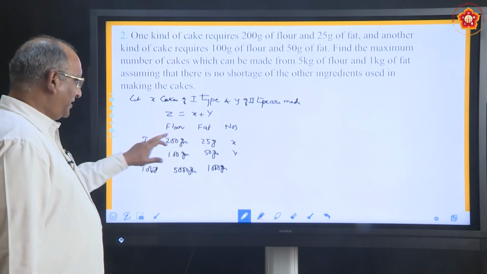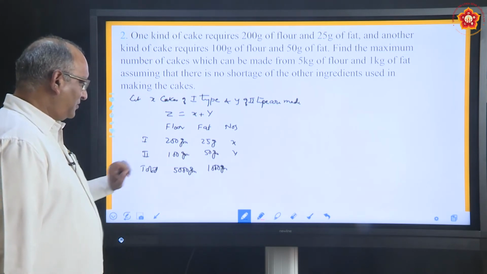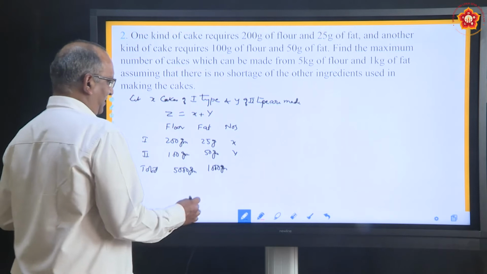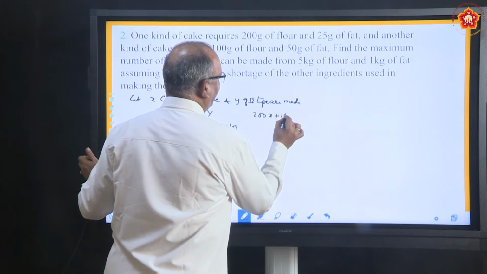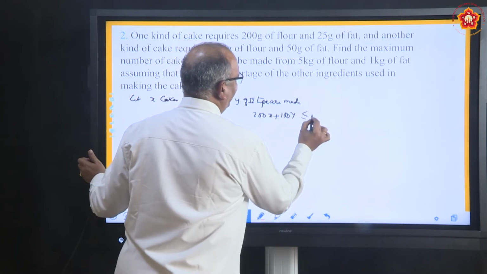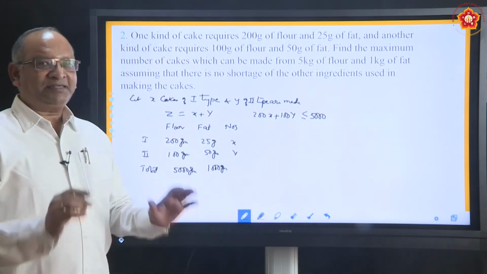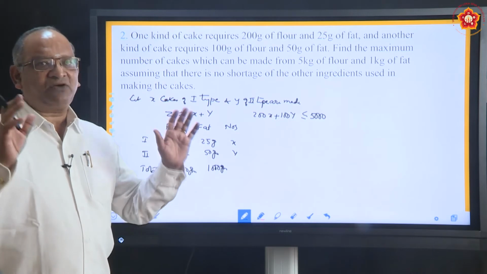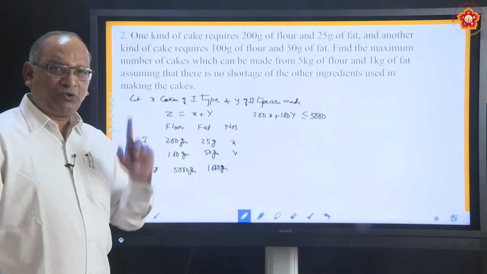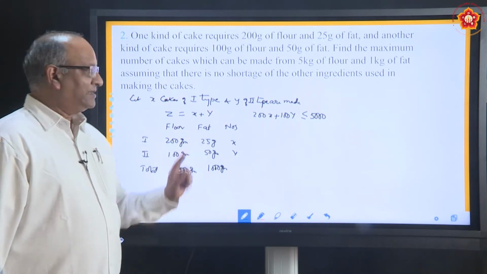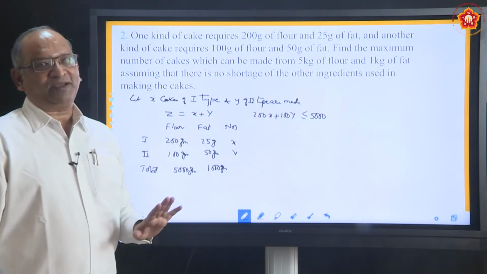We can say that 200 grams of x plus 100 grams of y is less than or equal to 5000 grams. 200x plus 100y is less than or equal to 5000. How has this inequation come? This inequation is about usage of flour. You are making x cakes of the first type. Each requires 200 grams, so 200 into x. The second one requires 100 gram of flour, so 100y, less than or equal to 5000.